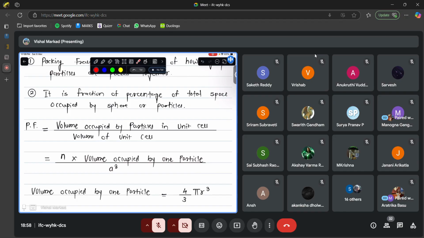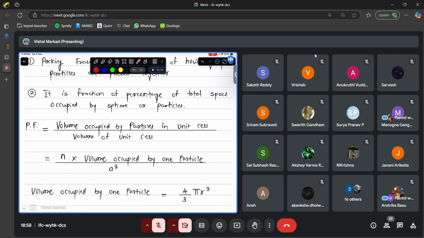Now volume occupied by particles in the unit cell will be equal to what? Let's suppose all of you have similar weight, similar volume. Then how do we find packing fraction for the class? Volume occupied by all students divided by volume of the class.